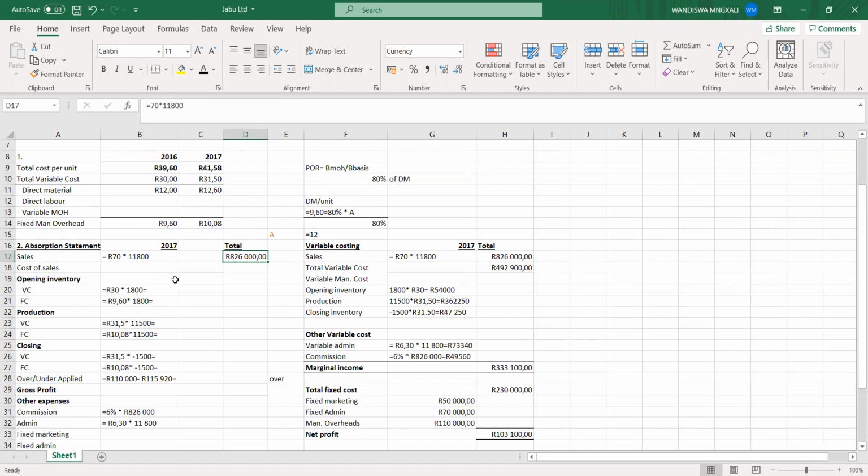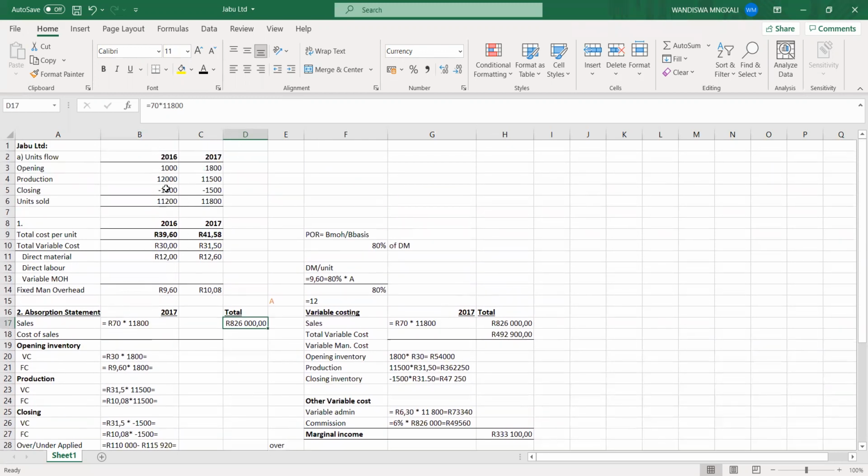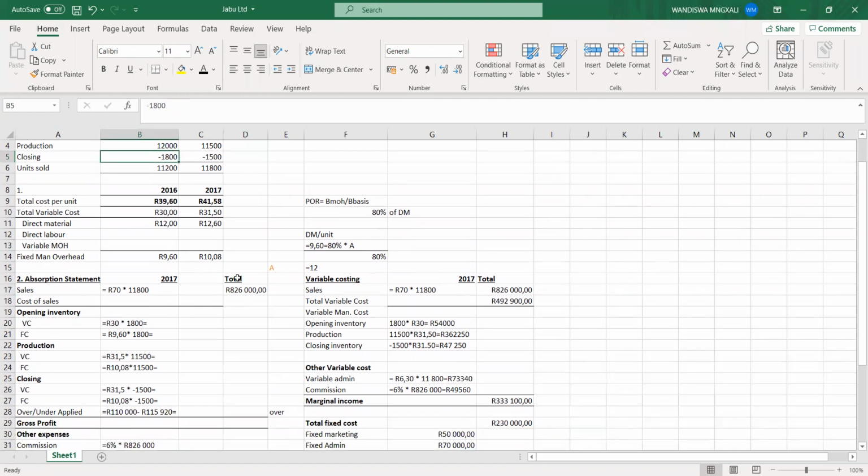So the 1,800 units were from the previous year, which was 2016, because remember, closing of the previous year becomes opening of the next year. So it was for 2016 when the variable cost was still 30 Rand, because the effect of the 5% increase only came in 2017.